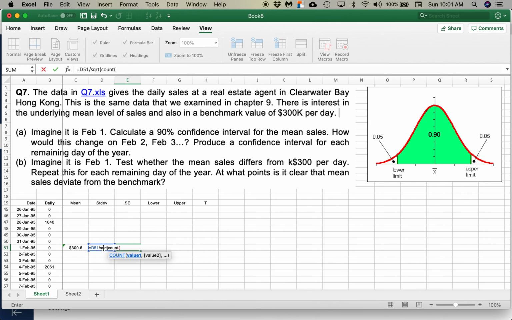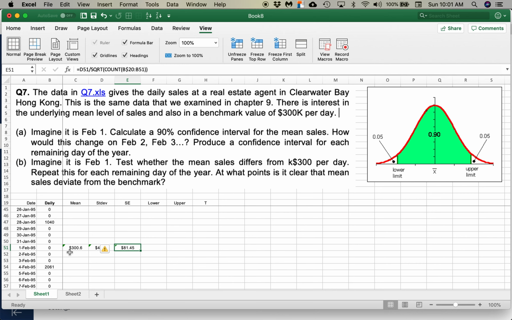Okay, so COUNT, open parenthesis, and we're going to go from B20 to B51, and we're going to put a dollar sign in front of the 20, and then we close the parenthesis for COUNT, we need to close the parenthesis for square root. So we now have the standard deviation divided by the square root of the sample size. Enter. $81.45.